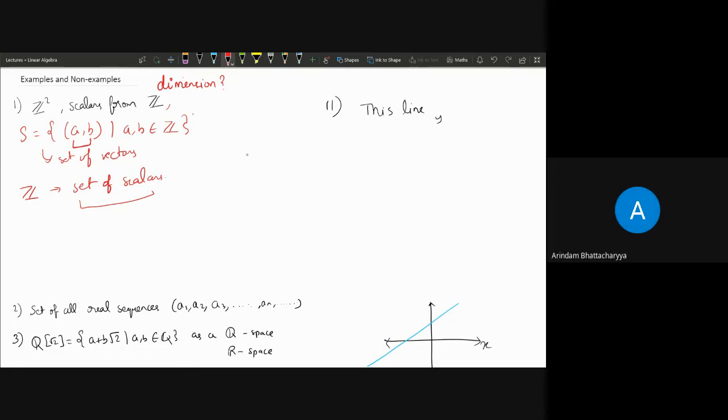Right. So this is not a vector space, because Z is not a field. If I have v, then I can get 2v by multiplying by 2, but I cannot go back, because we can only multiply by a scalar, not divide.